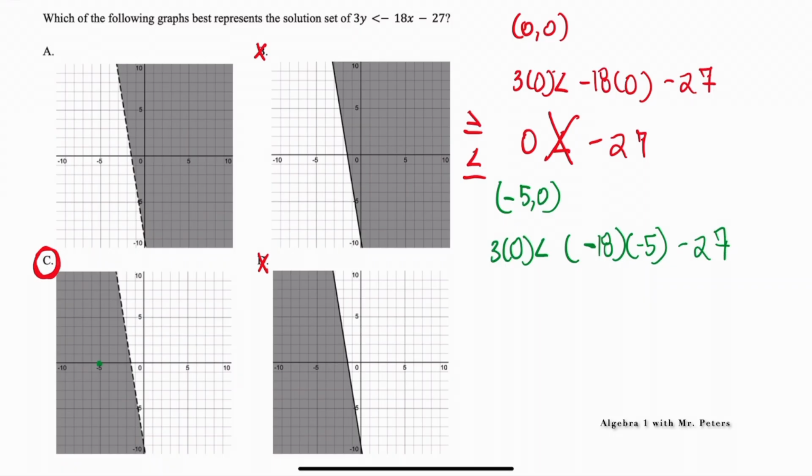So now when we look at this, 0 is less than 90 minus 27. 0 is less than 63. That is a true statement, so we would shade in the area where the point is. So when you have these type of problems, always use a test point in the shaded area to determine if it is the correct graph or not.